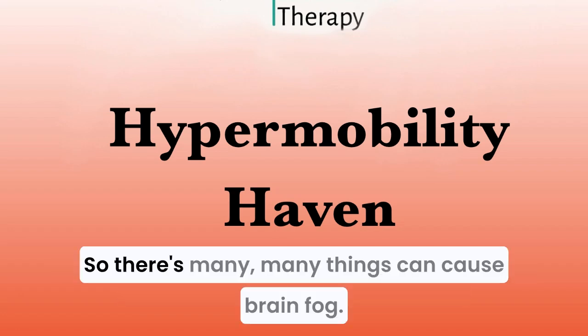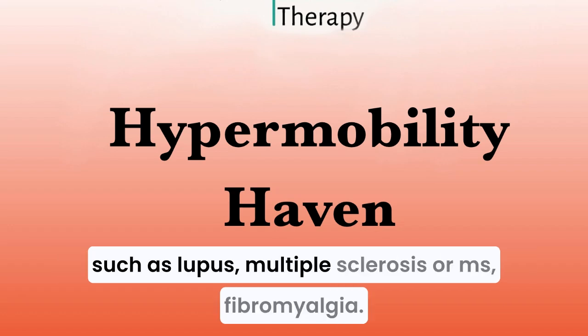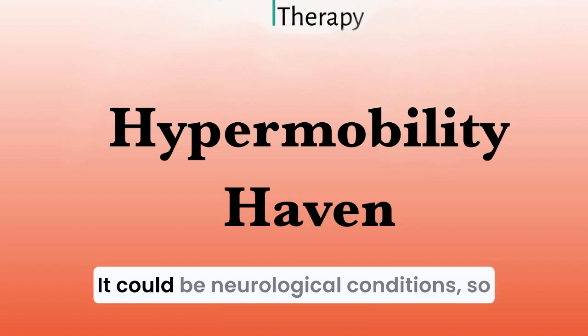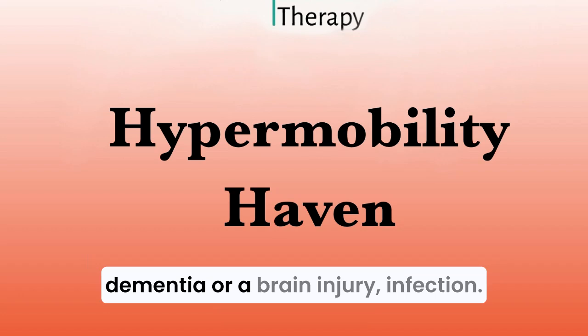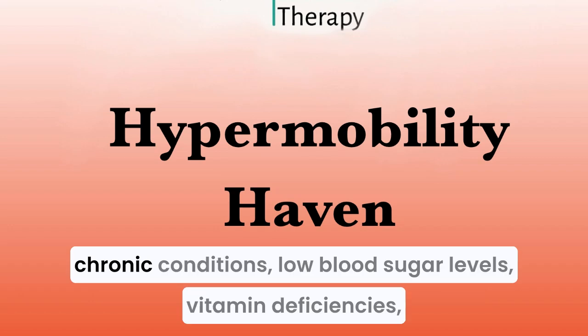There are many things that can cause brain fog. There could be autoimmune conditions, such as lupus, multiple sclerosis or MS, fibromyalgia. It could be neurological conditions, such as dementia or a brain injury. Infections, such as COVID-19 and long COVID, which is one of the newer long-term chronic conditions.